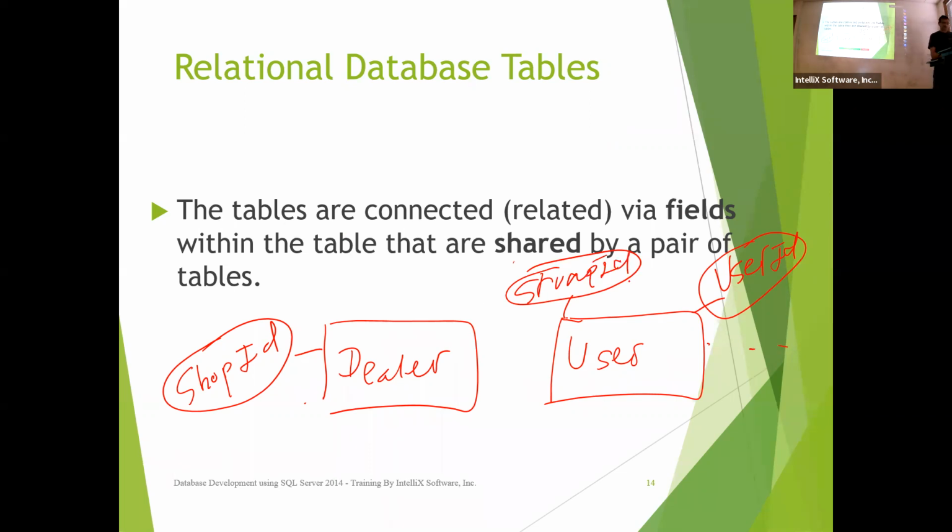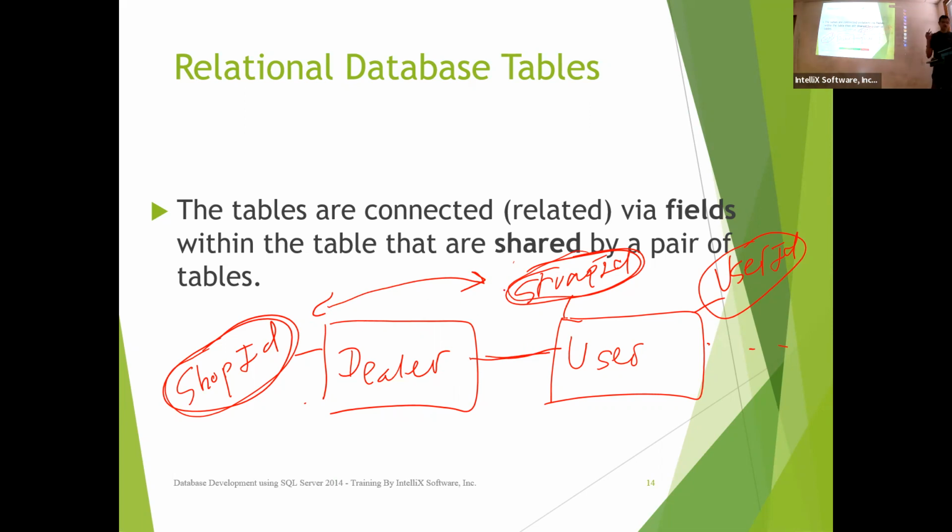So now this field belongs to the user table, and this field belongs to the dealer table. It's a common field. So I can show the relationship here and say dealer and user tables are related because shop ID belongs to both tables.